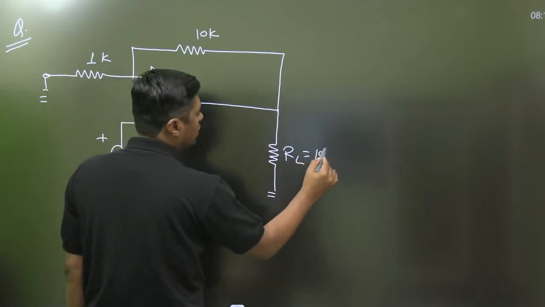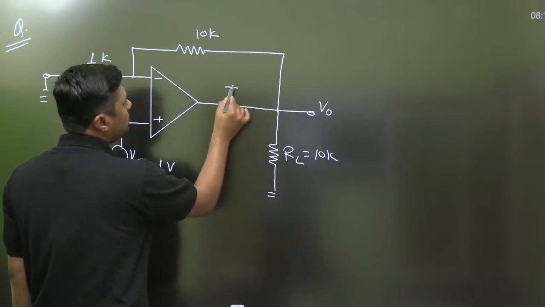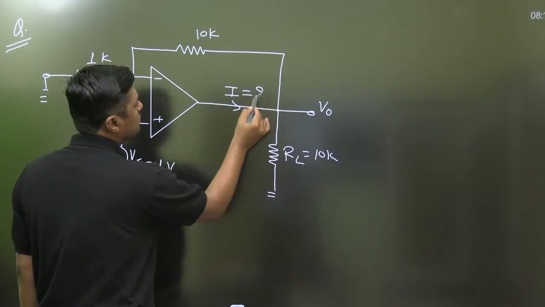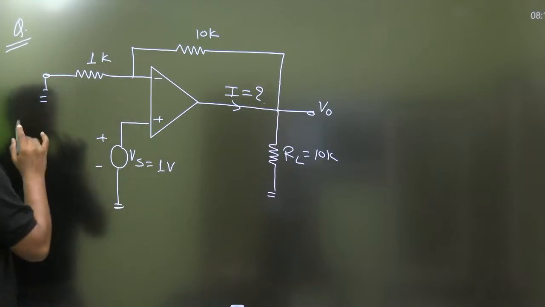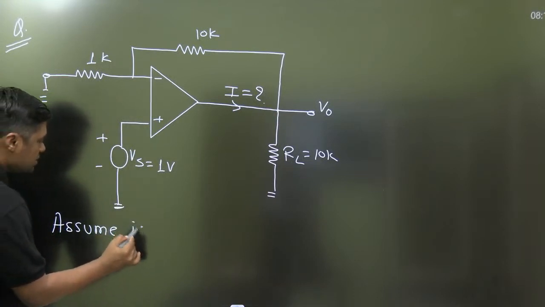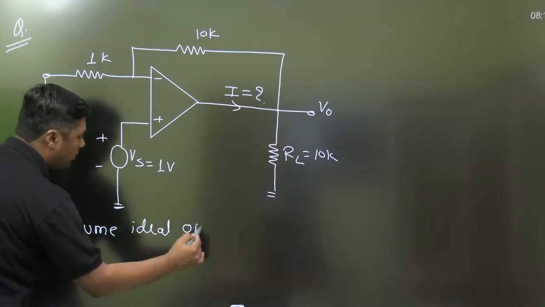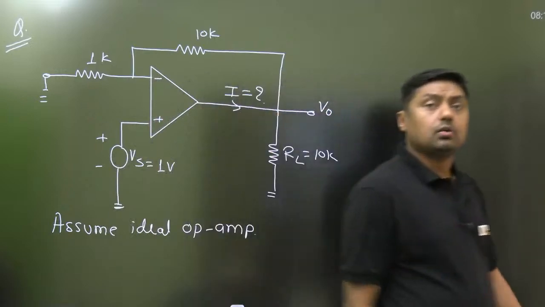RL is equal to 10 kilo ohm. This is V0. Everyone, what will be the value of I in this question? Assume ideal operational amplifier. What about the feedback?